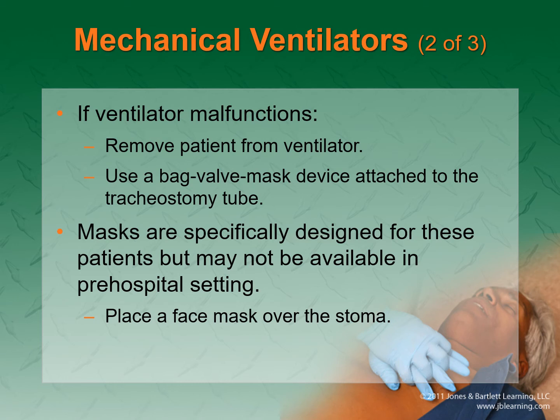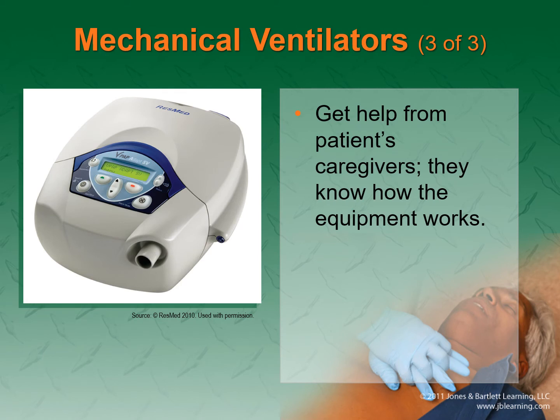Depending on the ventilator they have, you can look at the settings, and it might even tell you how many milliliters are in each breath. So if the ventilator goes down, your hand now becomes the ventilator. The patient's caregivers should know how those things work, so just be familiar with turning them on and off.